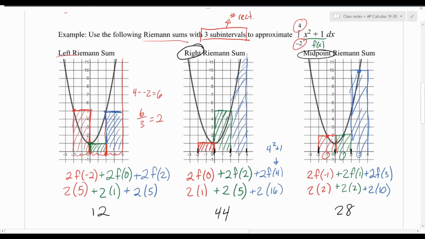Make sure you read the number of subintervals they're requesting and what kind of Riemann sum they're doing, left, right, or midpoint. Also, make sure you use the boundaries that they tell you in the problem. I hope you enjoyed this video on Riemann sums.